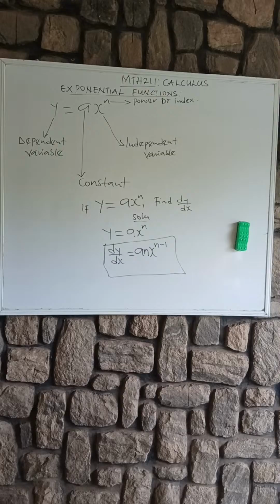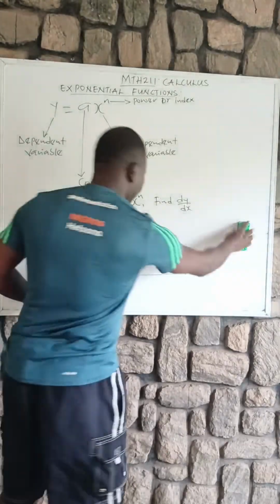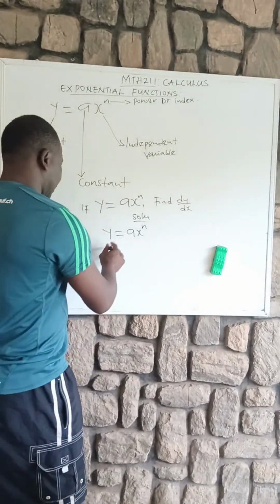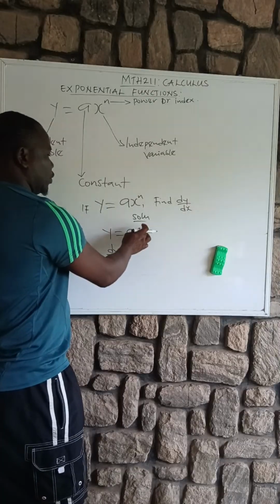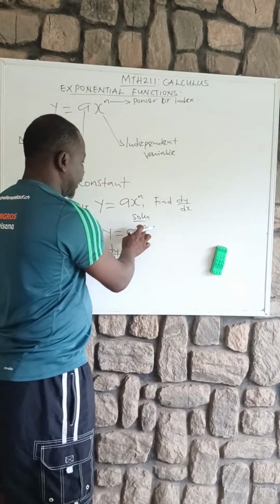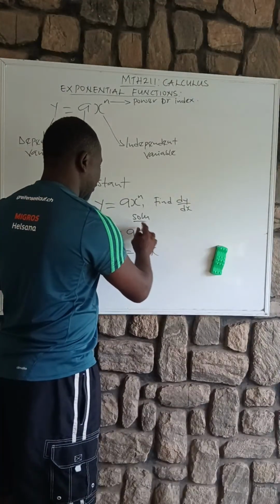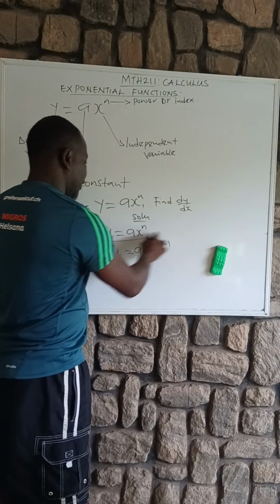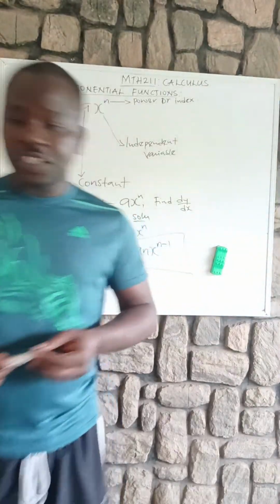Okay, so you now know this. As I was saying, for us to differentiate this, dy over dx is equal to: use this power to multiply anything that is here. So this is n times a, which is an, x raised to the power of n minus 1. This is the formula for differentiation.